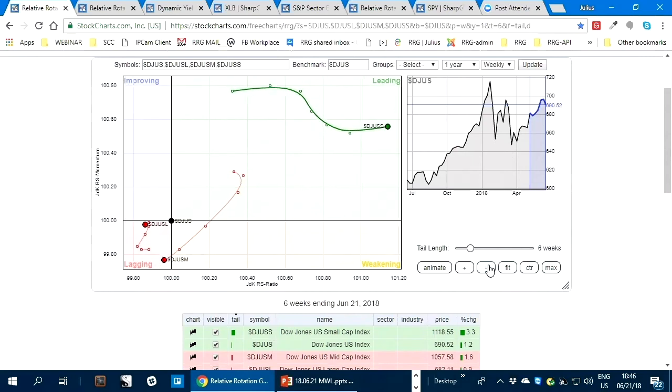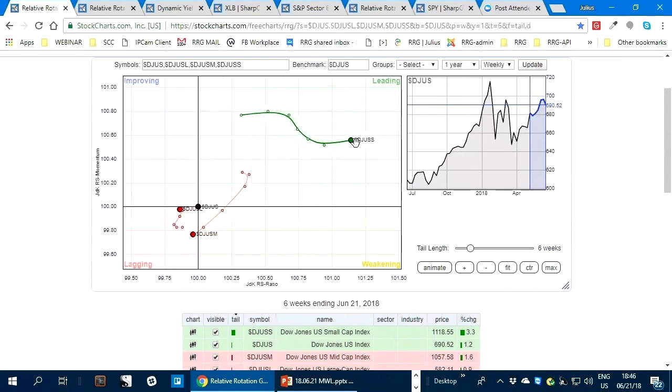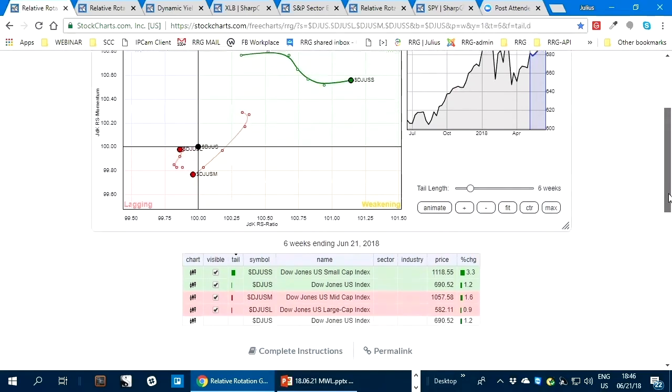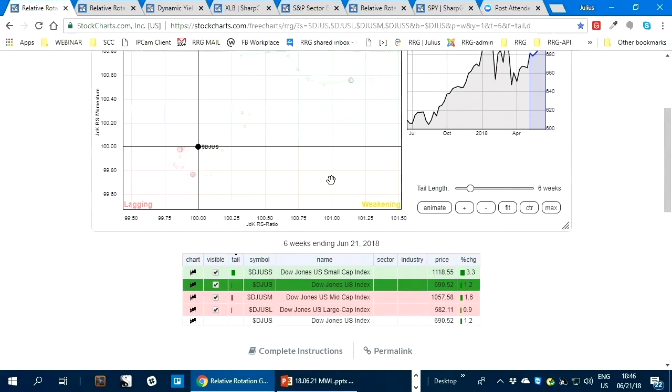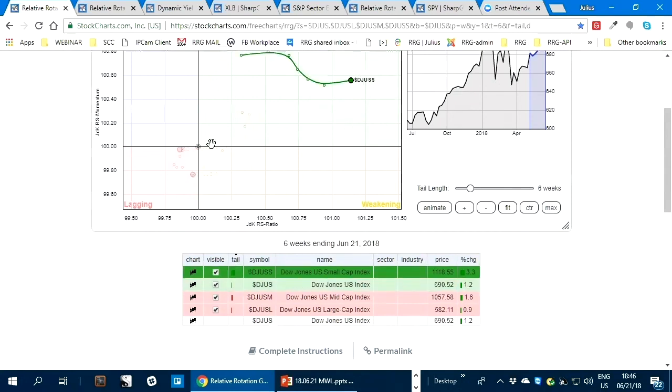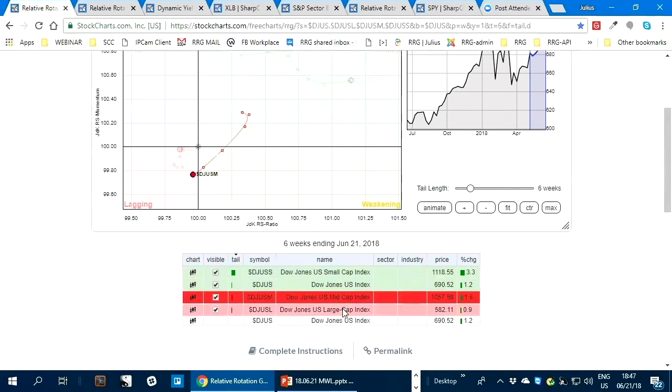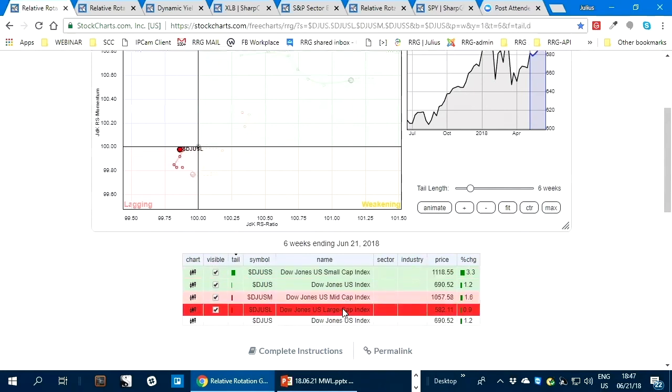So here you go. This is your small cap. Small cap super strong, and you don't want to be in large cap, so small cap is the place to be. That's very clear. The center is the Dow Jones US index, and here is mid cap, and here is large cap.